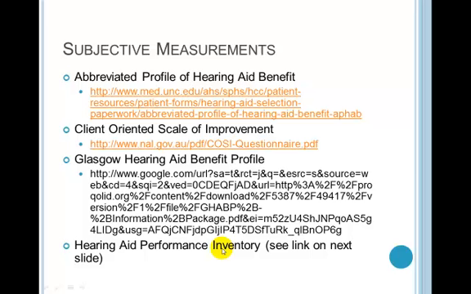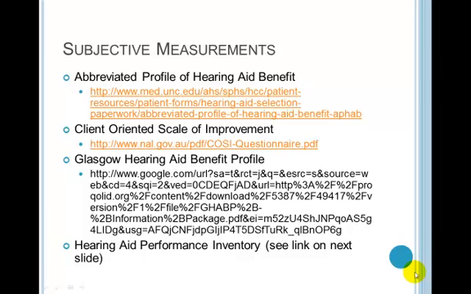So these are subjective measures. Each one in a different way is giving information, the patient's report of their own perception of their hearing pre and post hearing aid fit.